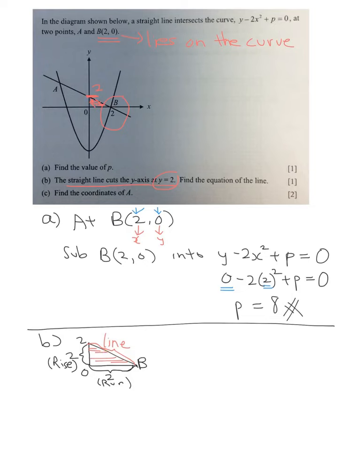Now the gradient is actually equal to rise over run. That's what you have learned in lower secondary. Now the rise is 2 and the run is also 2. So this gives me a gradient of 1.